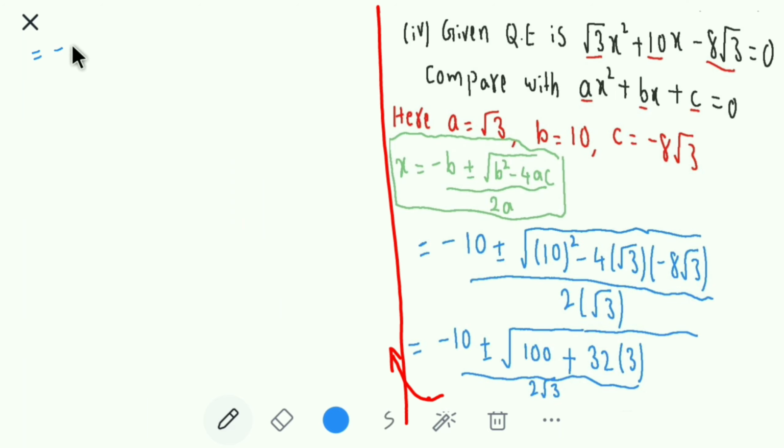Minus 10 plus or minus under root of 100 plus 96 divided by 2 root 3.